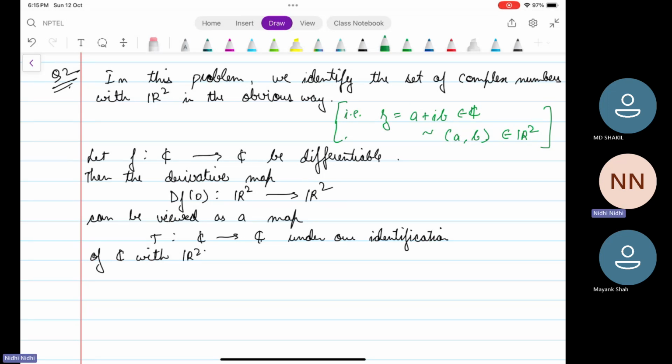So we already know that df0 from R2 to R2 is a derivative map.